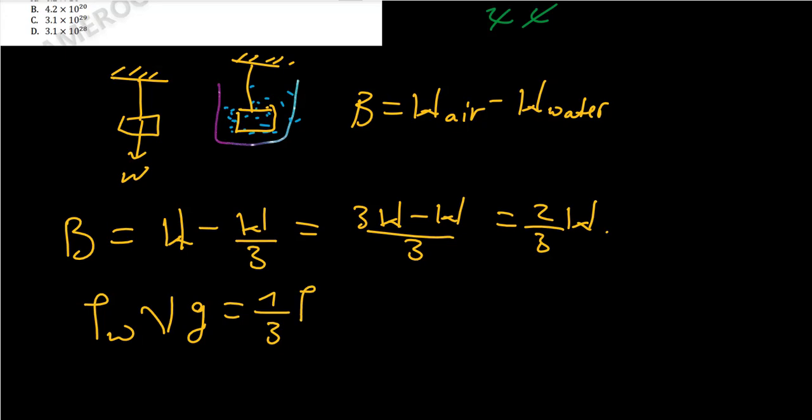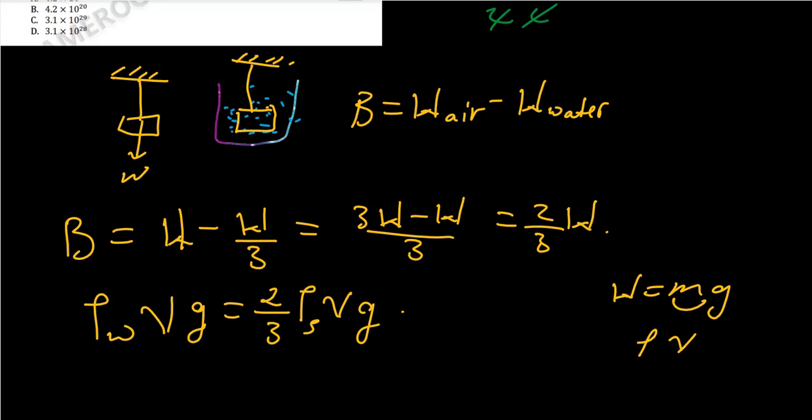And since the mass is given by the density times the volume, I have rho V g, where rho is the density of my solid. Sorry, here it is 2/3, not 1/3.